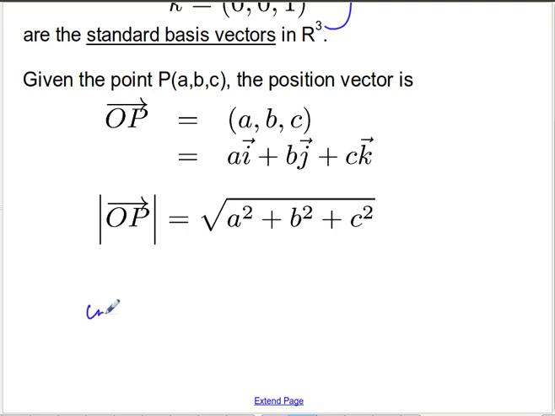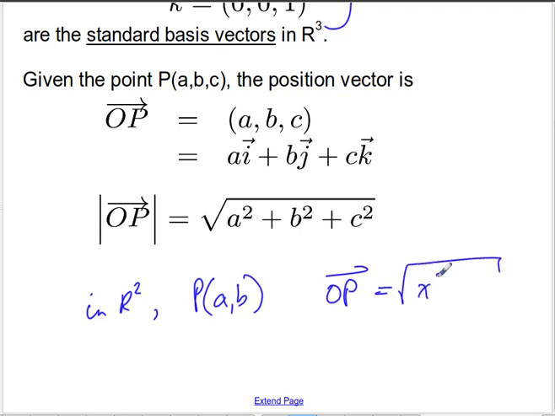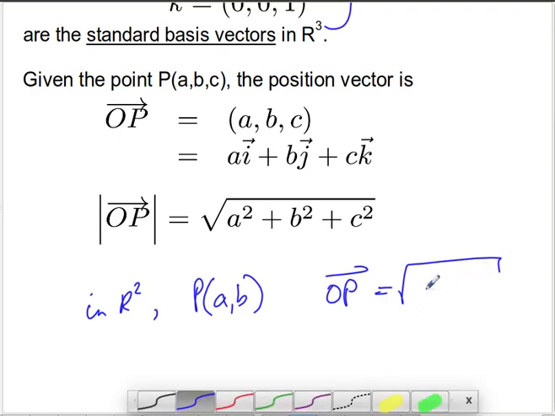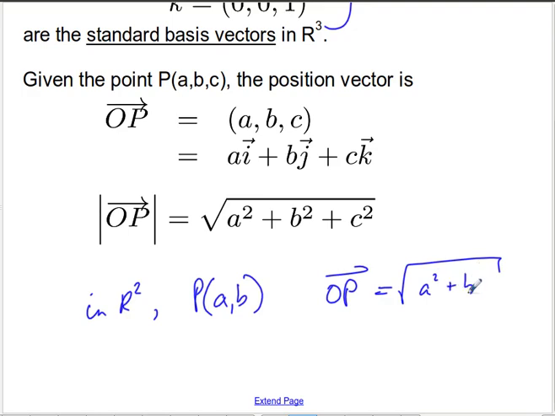Once again, in R2, if we had a point (a, b), then the distance OP came from the distance formula in two dimensions, which was the square root of a squared plus b squared.